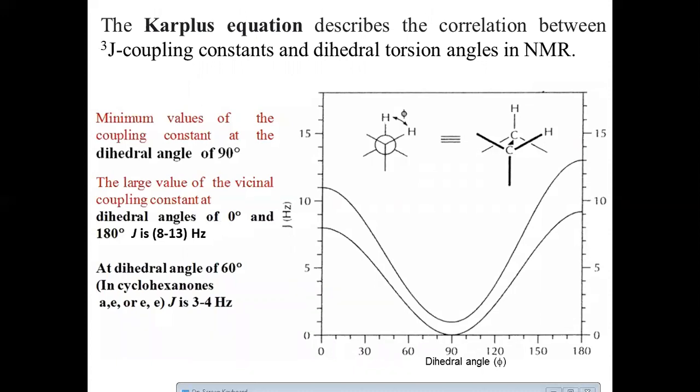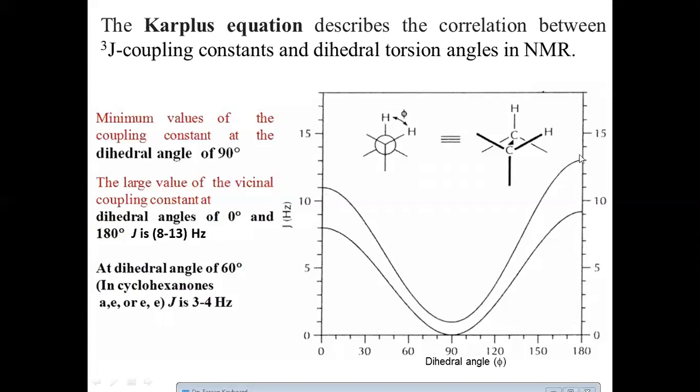Now, here if you see, when the dihedral angle starts from 0, it can have a J value from almost 8 to 11, and it decreases, and when you arrive at 90 degrees, it's almost 0 to 1.5 or so, and it starts increasing when you reach the dihedral angle of 180 degrees.